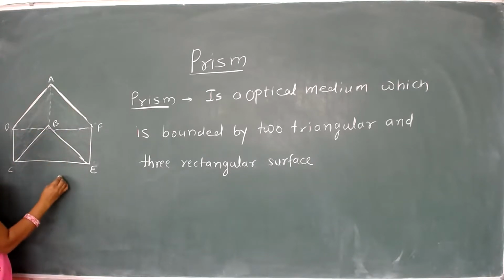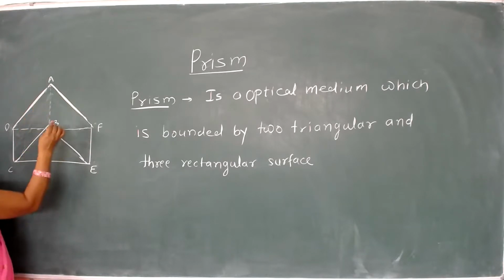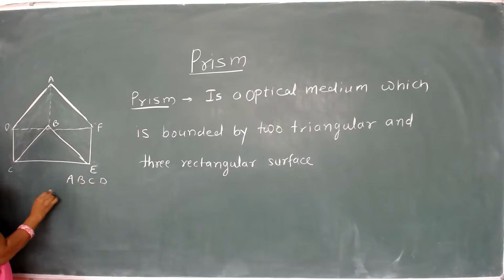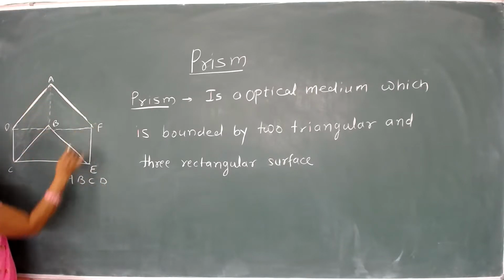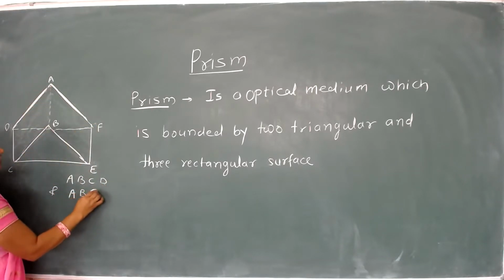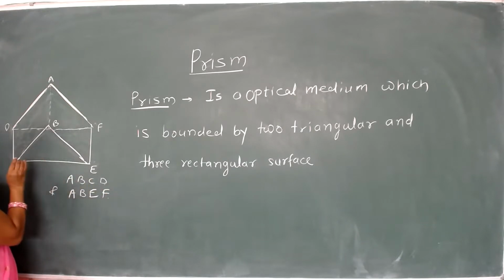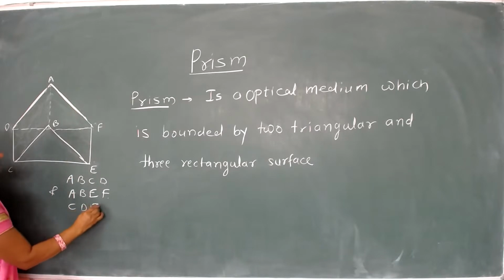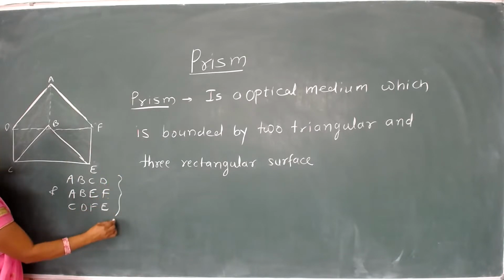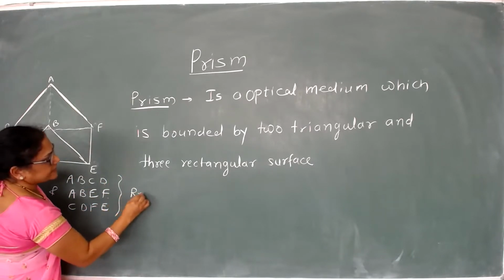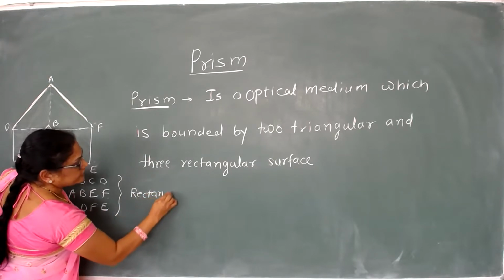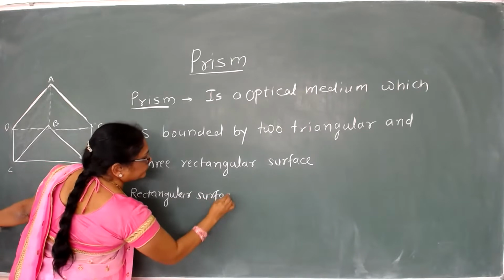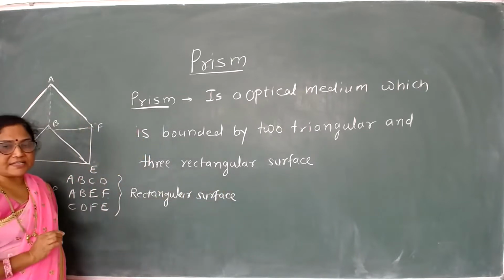So here, the first rectangular surface is A, B, C and D, the second is A, B, E, F, and the third one is C, D, F, E. These are the three rectangular surfaces in the prism. And there are two triangular surfaces.